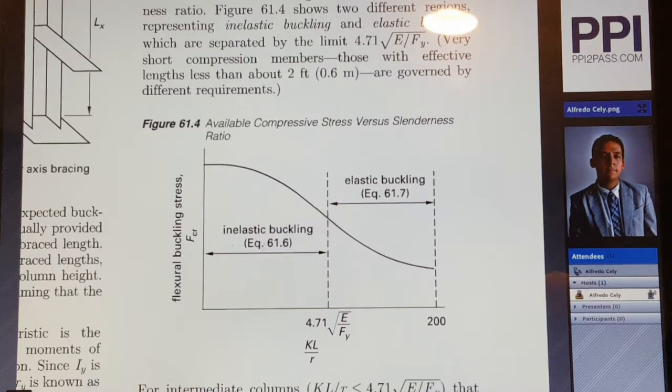Note that on the left portion of the diagram is where we will have inelastic buckling, and that is governed using equation 61.6 of CERN. Note how on the right part of the diagram we will have elastic buckling, and that will be governed by equation 61.7. And the transition between inelastic and elastic buckling is given by 4.71 times the square root of E over F sub Y.